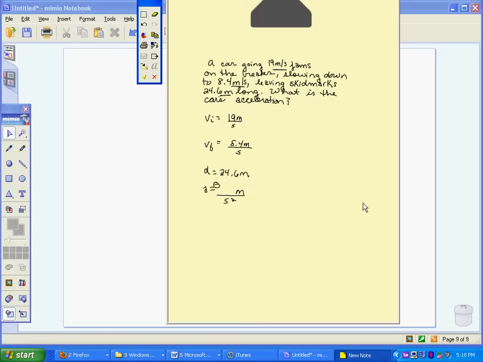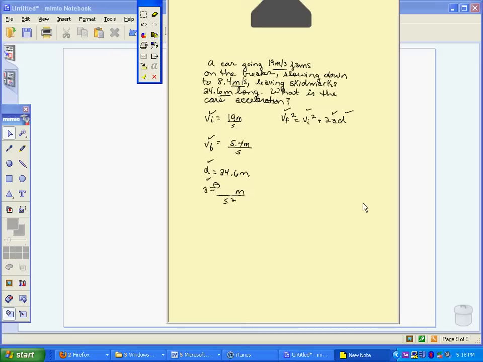Okay, now we're going to look at the equations that we have to choose from. If we look at this equation, VF squared equals VI squared plus 2AD, we'll notice that we've got VF, we've got VI, we've got distance. We're solving for acceleration.